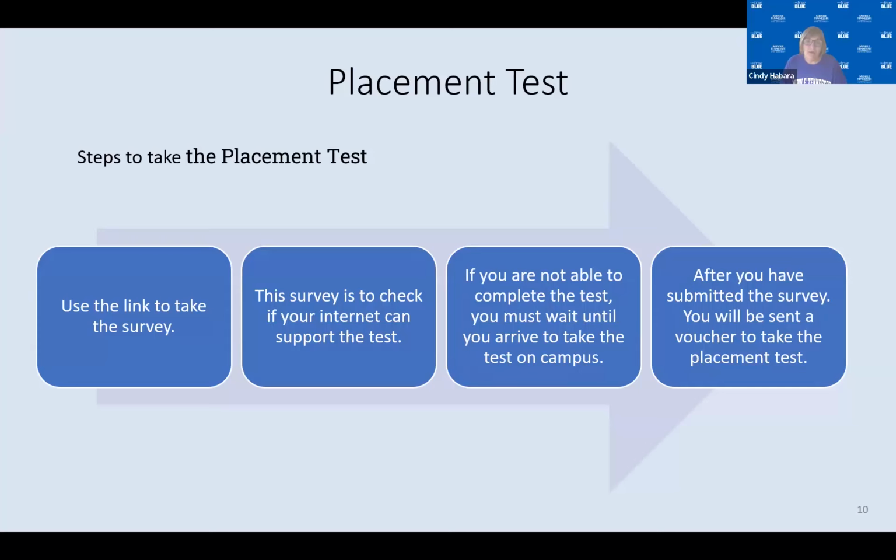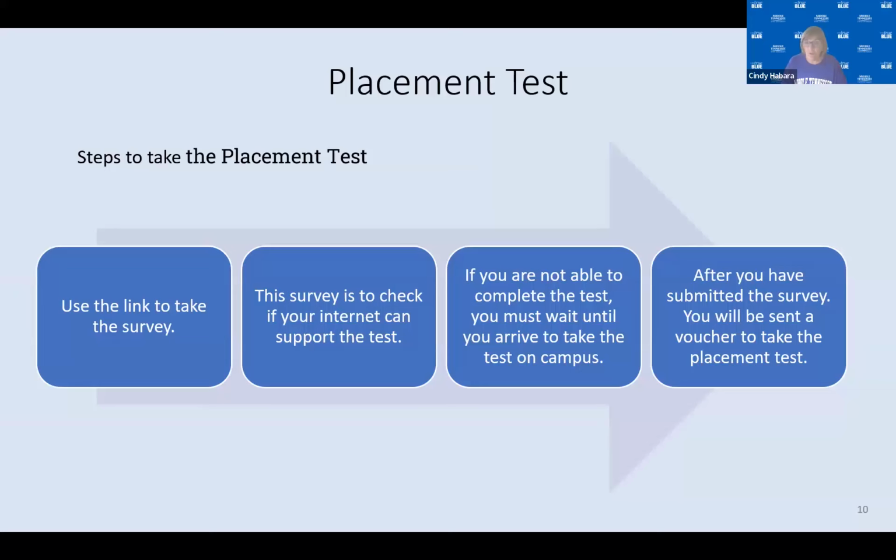When you have taken the test, your results are sent to your academic advisor so they can adjust and put you in the classes they need to put you in. The English survey, you will actually get the recommendation soon after the survey. If you take it on a Friday, you won't get the results until Monday.